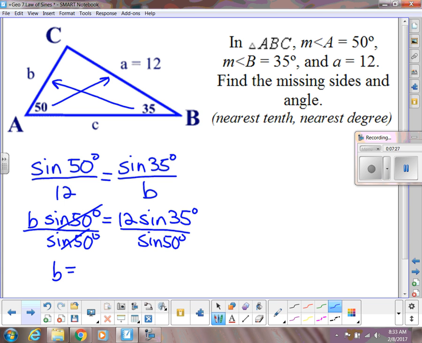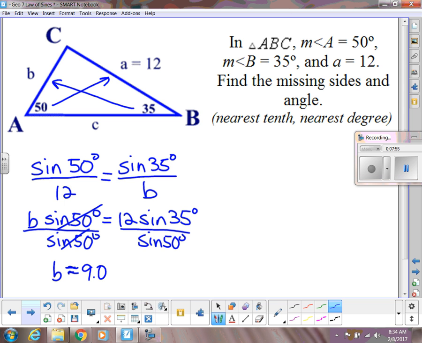So B is going to be approximately, I'm going to type this in, 12 sine of 35. Make sure to close your parenthesis after the sine of 35 before you divide. Divided by sine of 50. So I'm getting B is about 8.985. So it's to the nearest tenth, so I would round that up to 9.0.